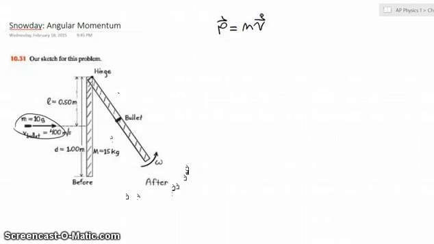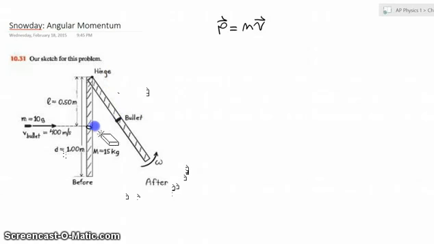An interesting thing though is that at the moment just before the bullet embeds itself in the door, we could think of the bullet as just beginning its new path of circular motion about the hinge.